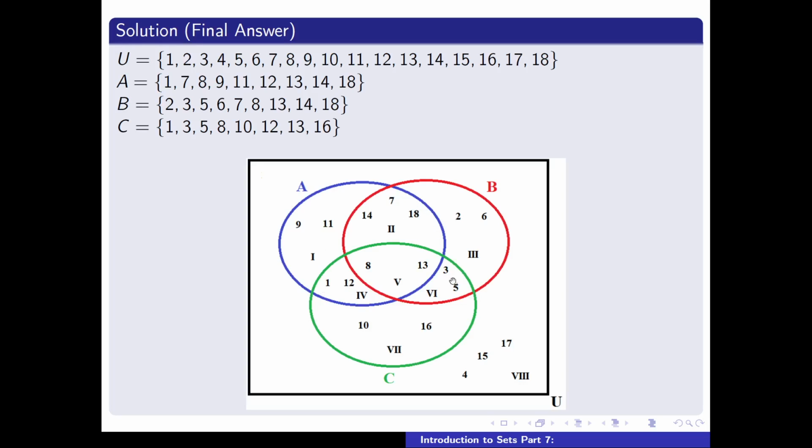We've counted through all the elements in the universal set. They all have a place in one of these regions, and none of them were double counted.